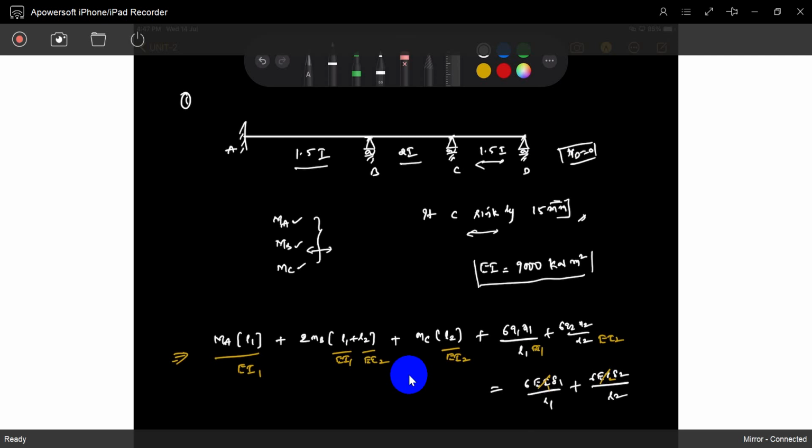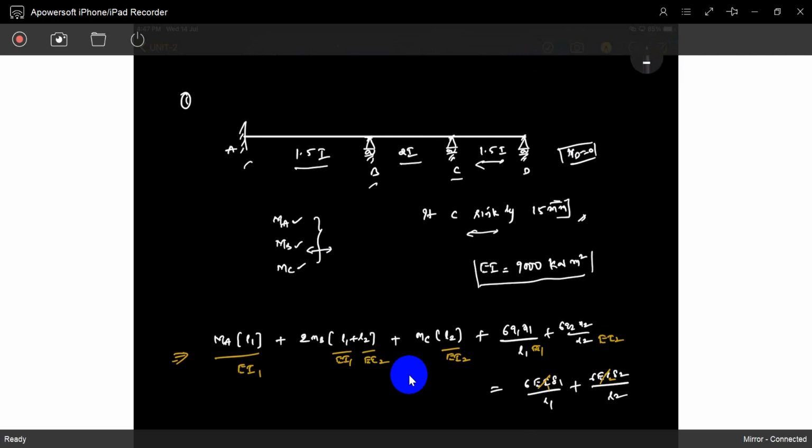If support C is sinking, it transfers the moments to B and A also, because these are continuous beams. It has a connection. Are you understood? So everyone gets some portion, some contribution. If loading is also there, you can use it. It's not a big deal. That's why I avoided loading. We did so many problems.